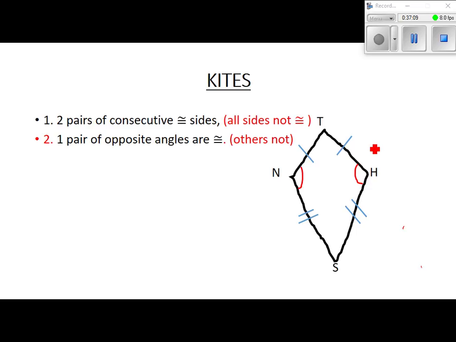Probably need to draw a better picture. That's not a very good drawing. If we had another picture, would TN and HS be? No, I don't know.